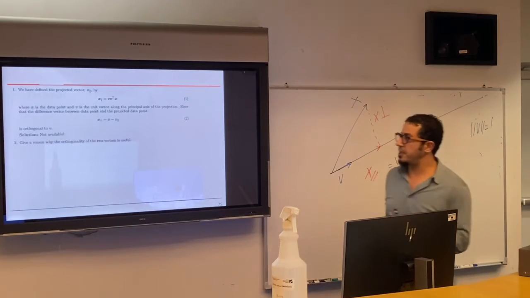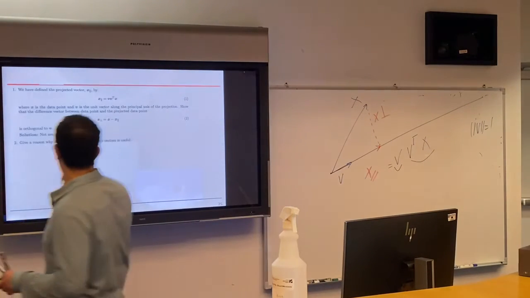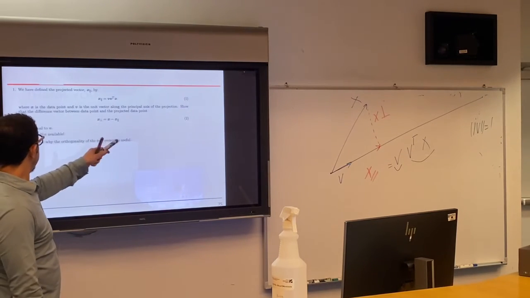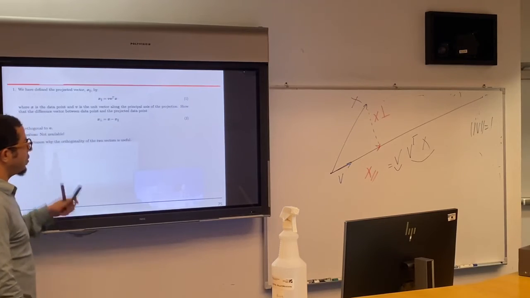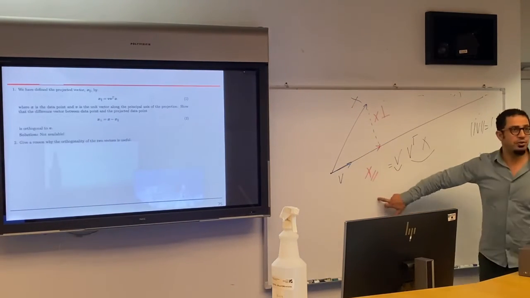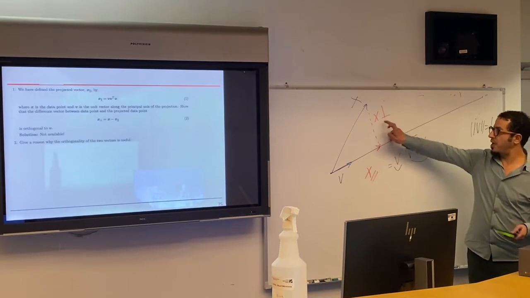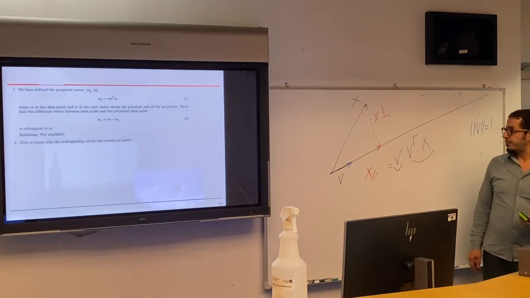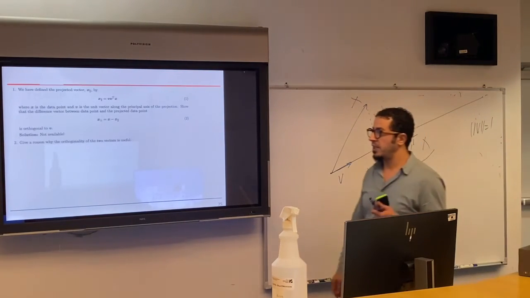So the question here, where x and v are the unit vector along the principal axis, is to show that the difference vector between the data and its projection is orthogonal. So they want to prove that this one is orthogonal to v. Can you try, please?